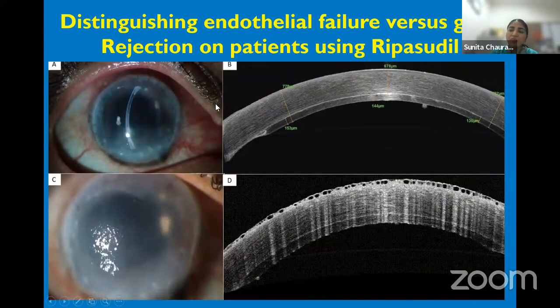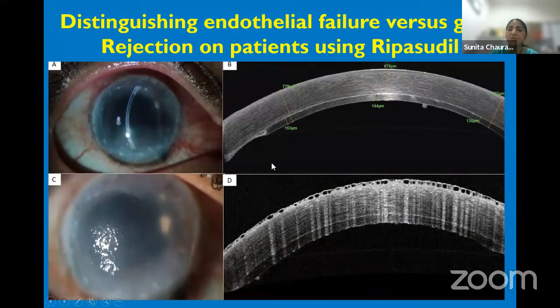One more indication nowadays: many patients are put on Ripasudil for IOP control, so it is important to do serial specular imaging to distinguish graft rejection versus donor failure in patients who are using Ripasudil. This typically happens, the Ripasudil-related epithelial edema, in patients who have a poor endothelium.